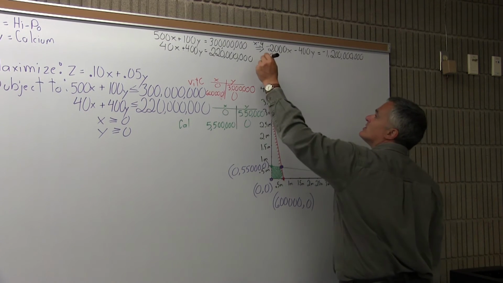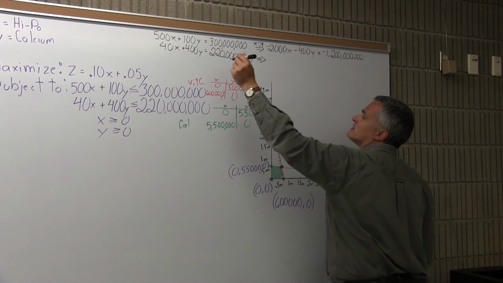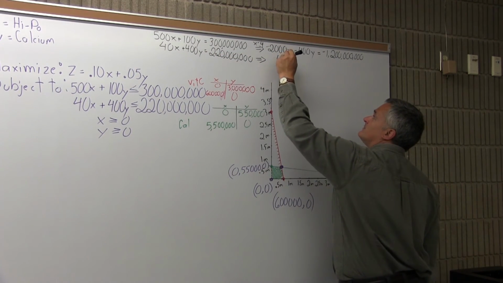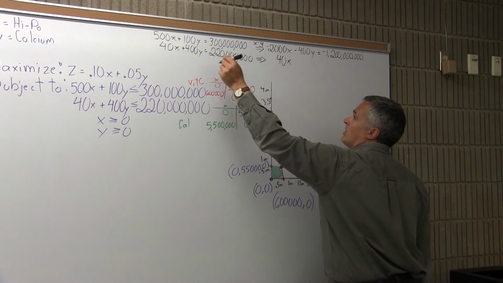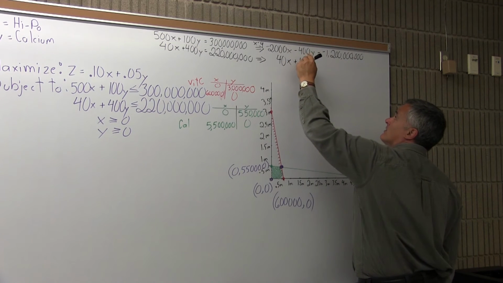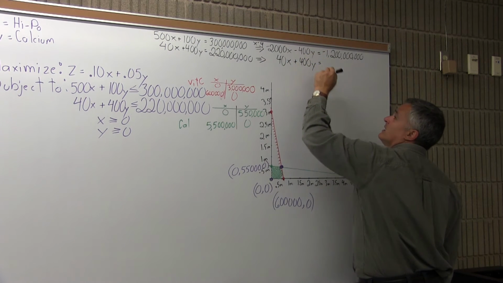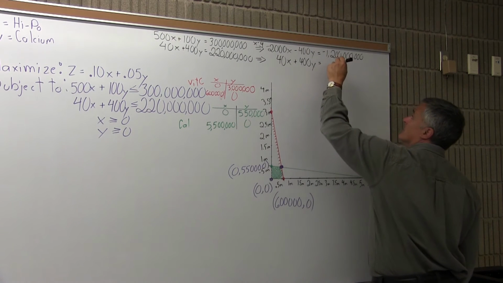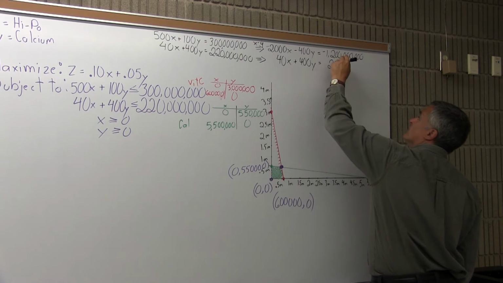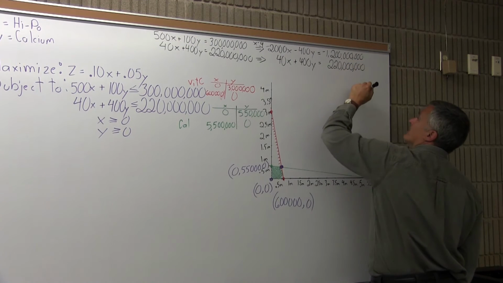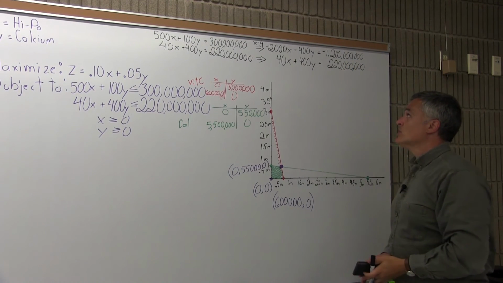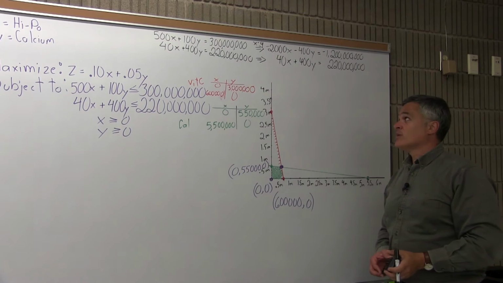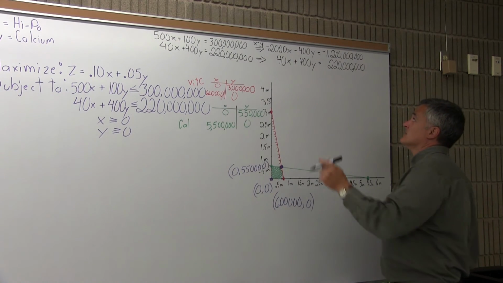The bottom equation can stay the way it is. So 40x plus 400y equals positive 220 million. So now the two equations can be added together with their big, giant, enormous numbers.